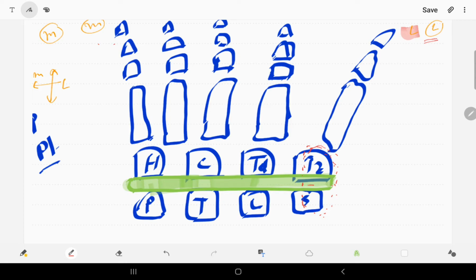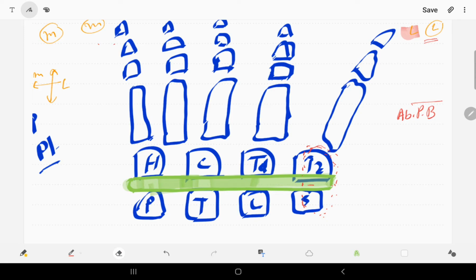I am telling about three thenar muscles. One is abductor pollicis brevis.